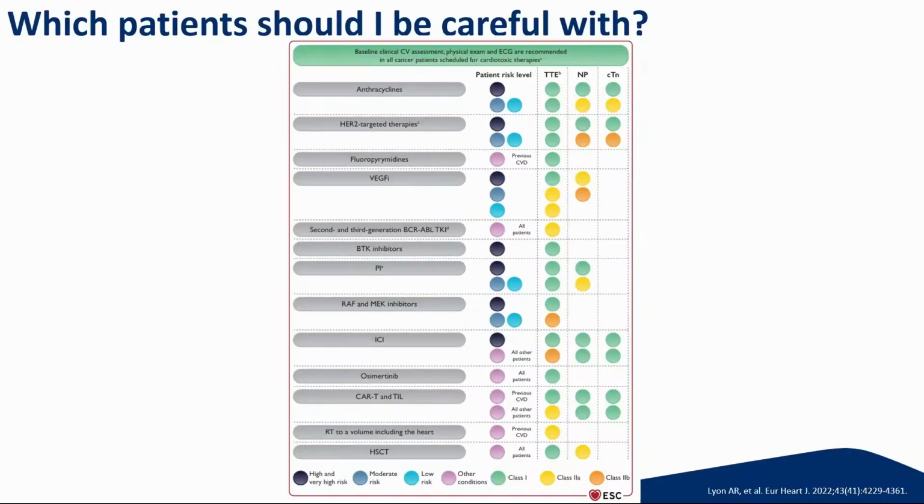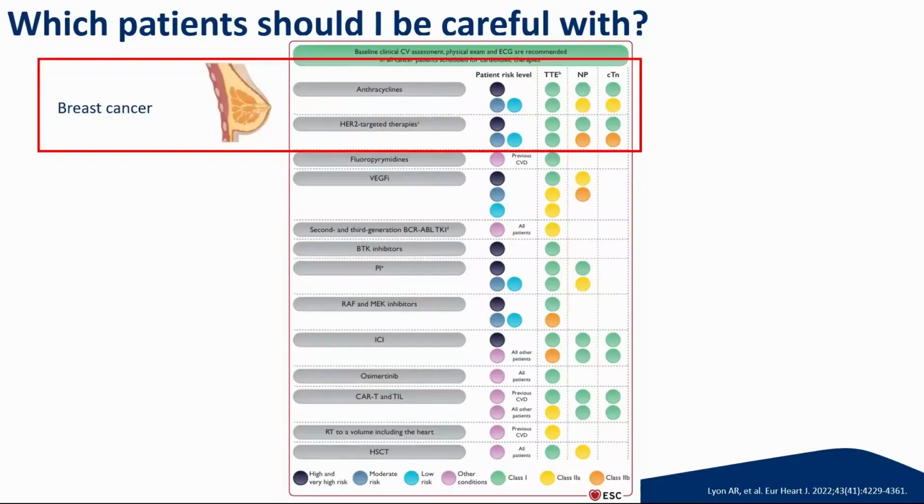If you're familiar with cancer therapies, there are certain groups which are more predisposing towards cardiotoxicity. If you're not, we can think about it in terms of the types of cancers. Your breast cancer patients tend to have certain toxicities from anthracyclines and your HER2 receptor antibodies or therapies.